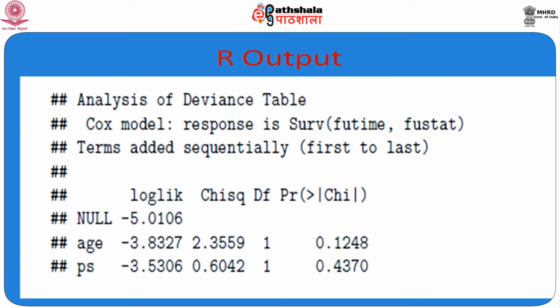The log likelihood for age is coming minus 3.83, and for performance score it is coming minus 3.53. It shows that models are quite fit, but however they are not significantly associated with the survival of these patients.